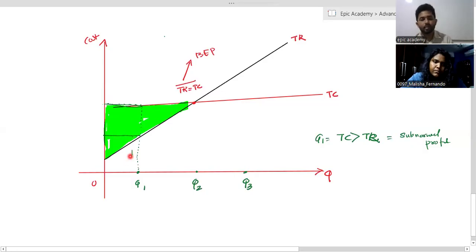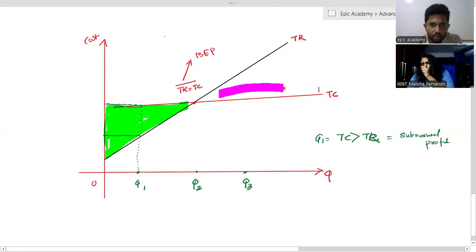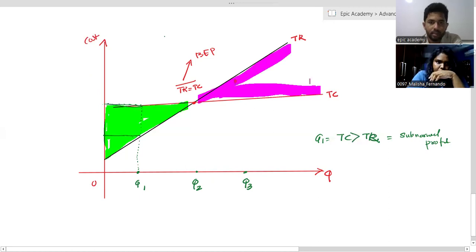Yes. So then what about this area? This entire area represents the supernormal profit.